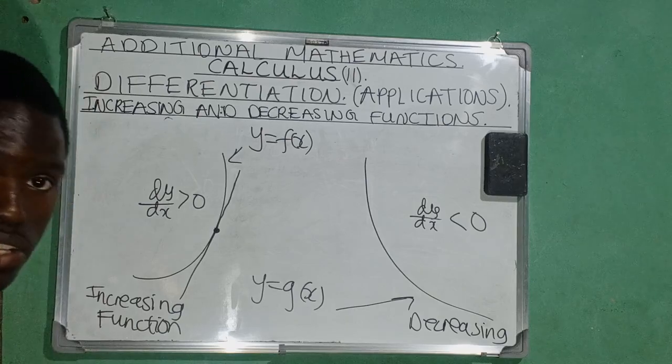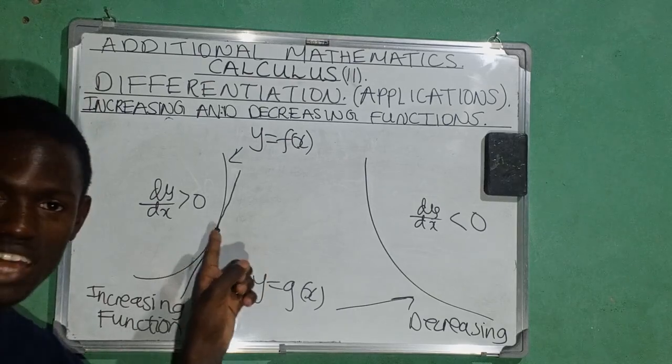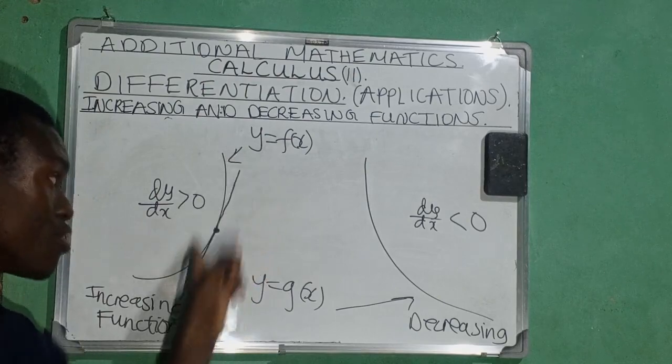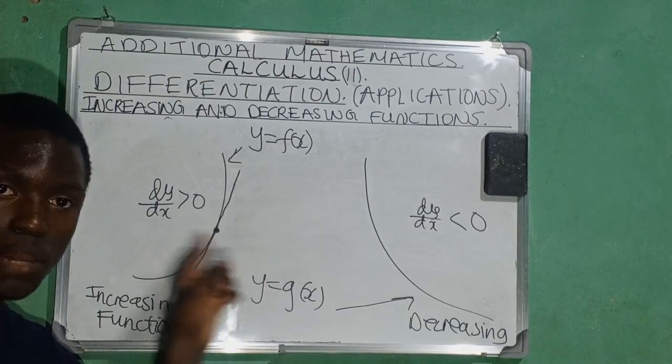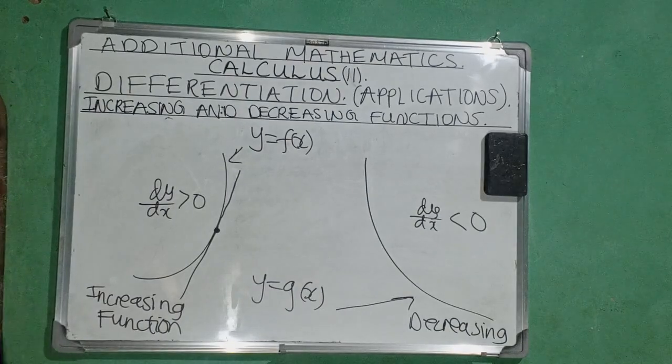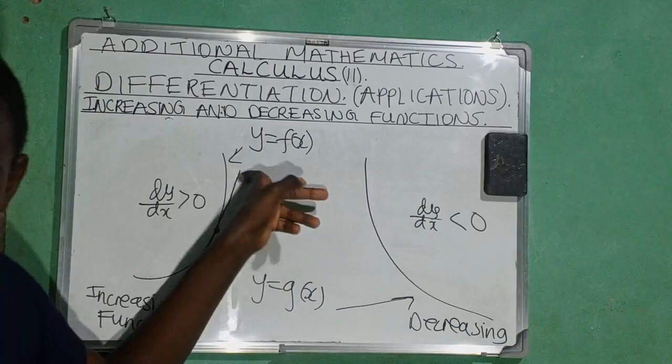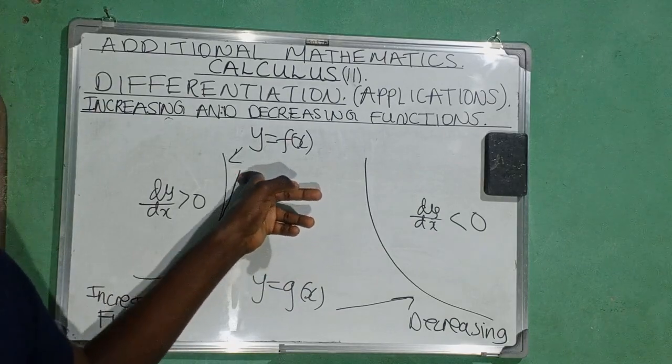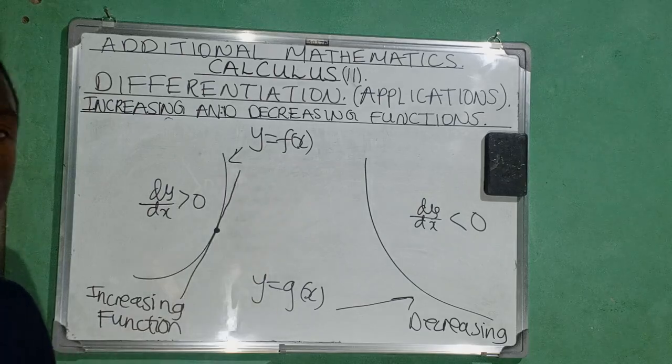To calculate the gradient at that point on the curve, we actually have to find the gradient of this line. The gradient of the line that we find is the gradient of the point.